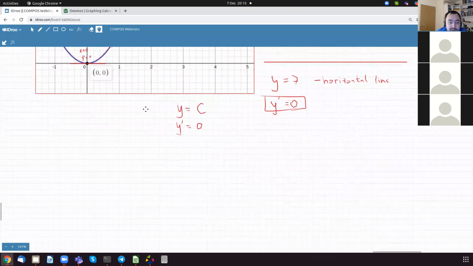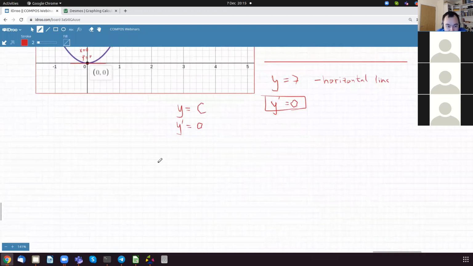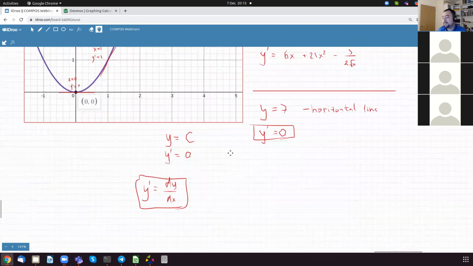Now, very often you will see that the derivative is written like this. y prime is equal to dy over dx. So whenever you see dy over dx, it is the same thing. It's the gradient of the graph at point x. Is that making sense? It is delta y over delta x, absolutely.